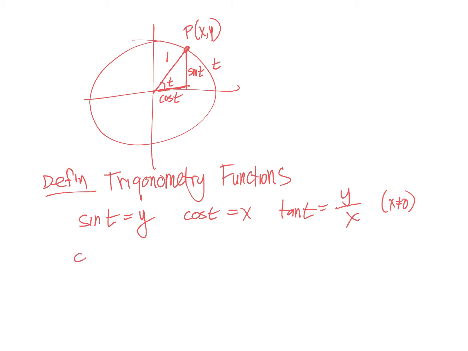And then cosecant of t, abbreviated CSC, is our inverse, 1 over y. Secant of t is 1 over x. And cotangent of t is x over y. They're inverses.